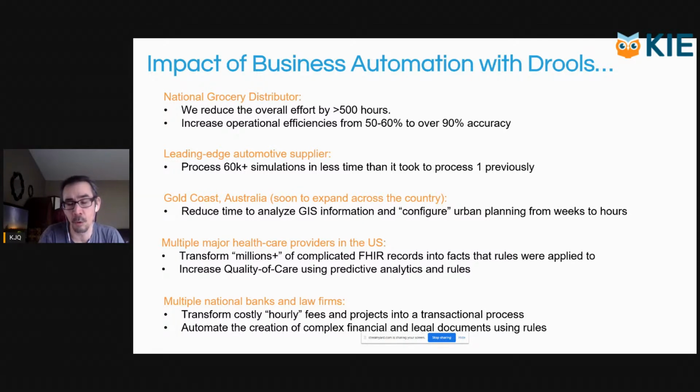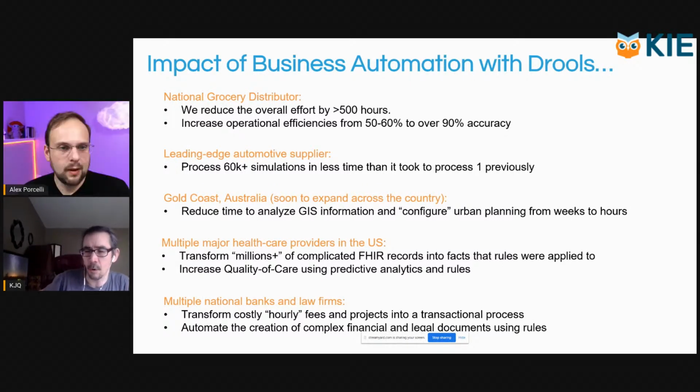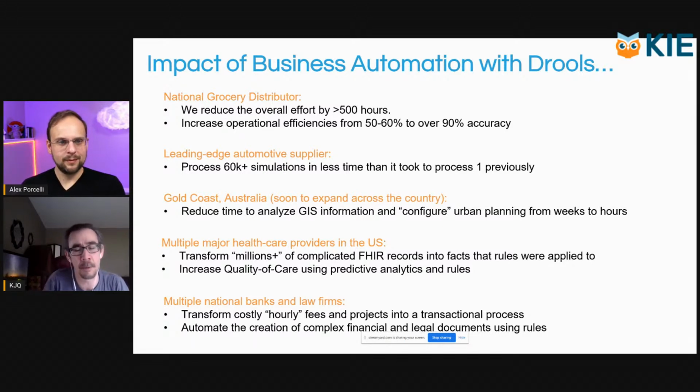We use Drools to streamline that process down to the point where first drafts of these commercial loans and all the associated documents are being performed by Drools. And the lawyers are able to now turn the whole process into a transactional process versus an hourly process. So we've had extremely good success with implementing Drools, and there is an impact to the business.